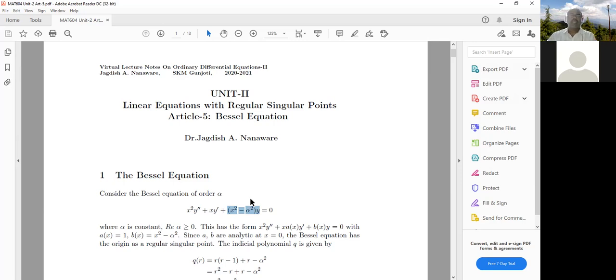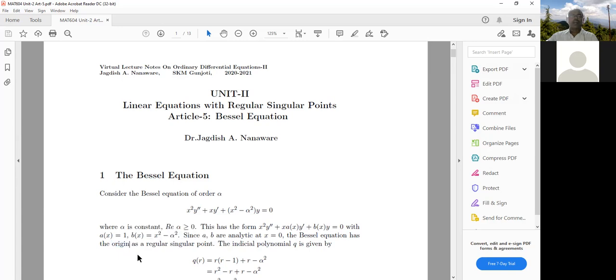because they can be expressed as a power series, which is convergent in the given domain of convergence. So as the functions a and b are analytic at 0, I already told you that this Bessel equation has a regular singular point, which is x0 is equal to 0.